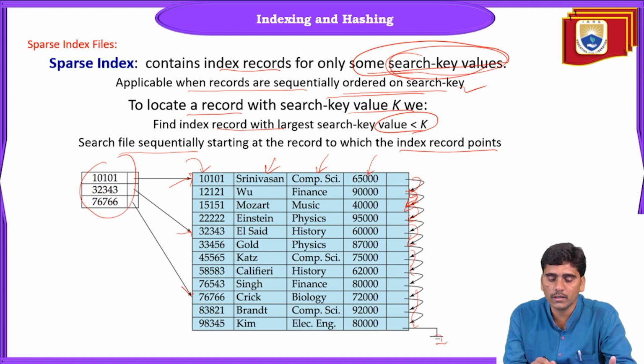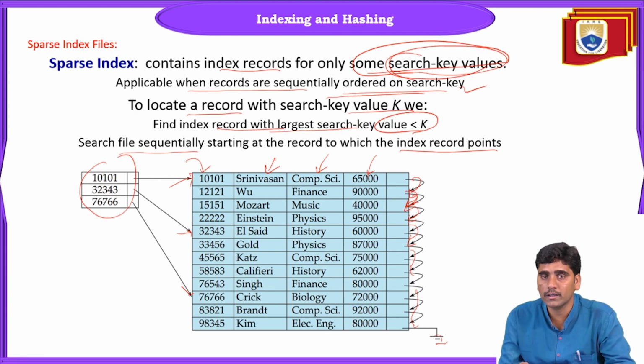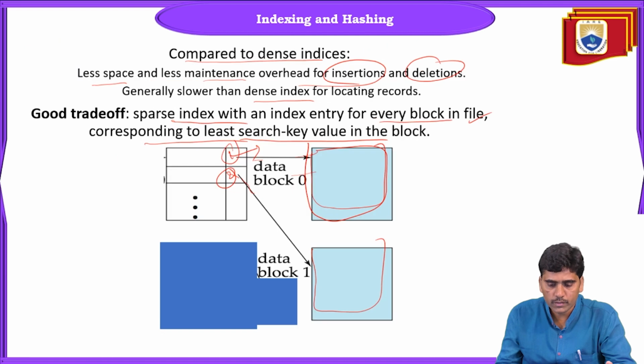To locate a record with search key value k, we find the index record with the largest search key value less than or equal to k, and search the file sequentially starting at the record to which the index record points. So only some search key values are taken, and based on that the index records information will be displayed.